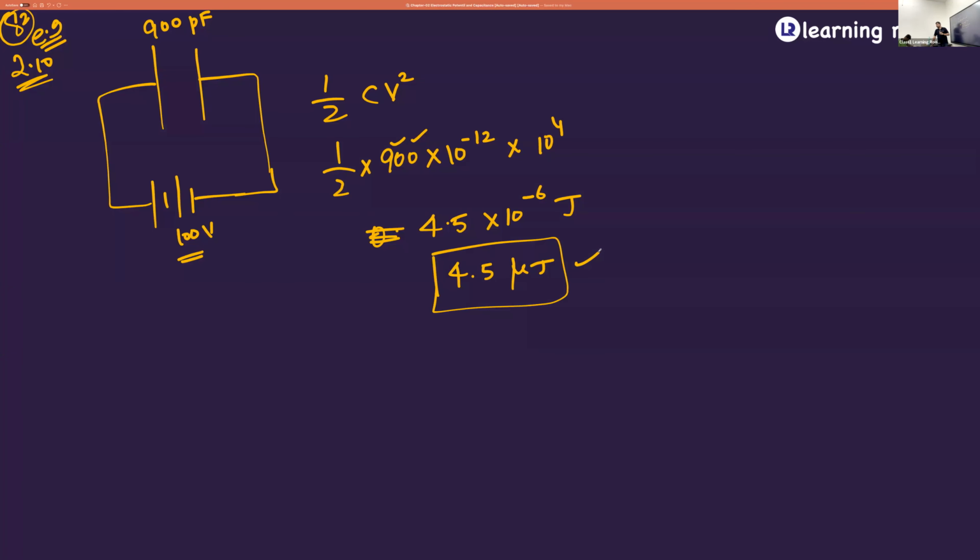This is disconnected from the battery and is connected to another 900 picofarad capacitor, which is uncharged. Now they are asking what will be the electrostatic potential energy of the system. System in the sense both the capacitors put together.